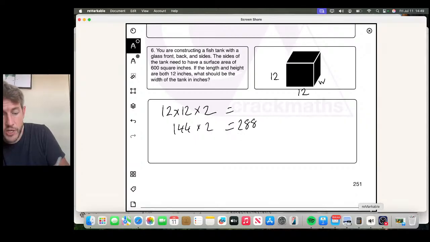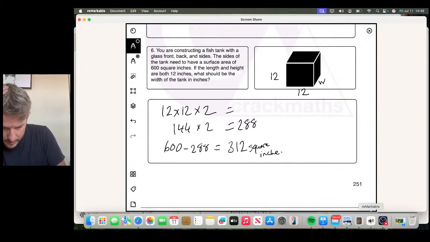So that's 288 for the front and the back. Then I'm going to do 600 to take away the 288, which will give me 312 square inches. Now that is for the 2 other sides.